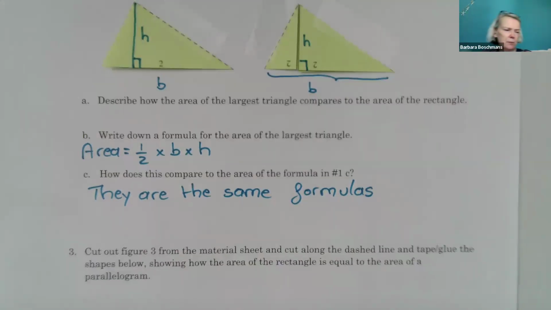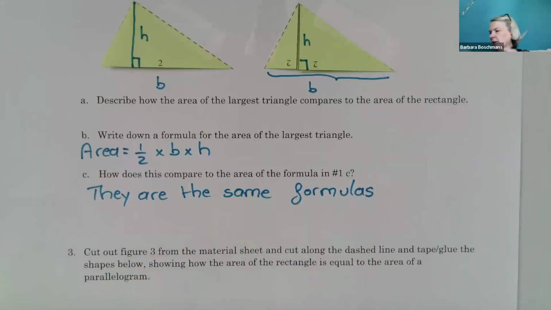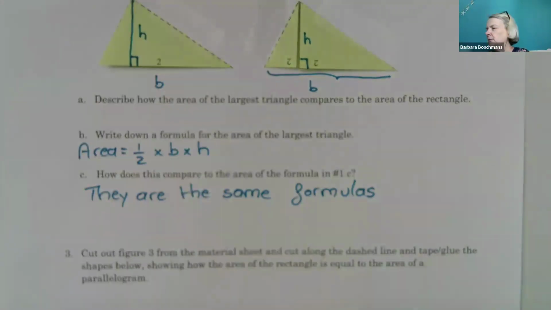Moving along to shape number 3, that's another rectangle. So I'm down here now, I'm going to cut out that rectangle. And again, we're going to cut on the dotted line.